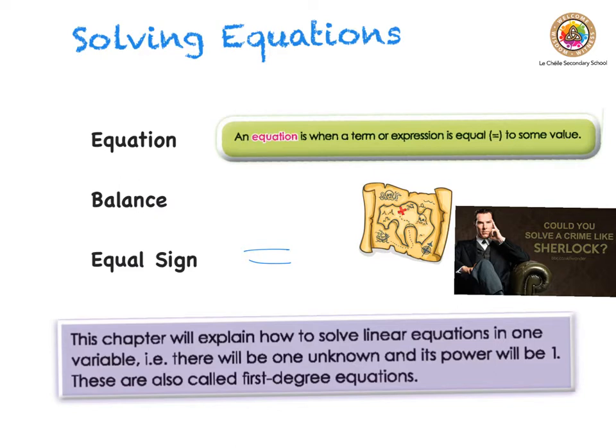So essentially, we are going to be just like Sherlock Holmes. Can you solve a crime like Sherlock? Can you find what x is, or a or b or any variable? You remember from the last topic, a variable is an unknown and it's represented by a letter.